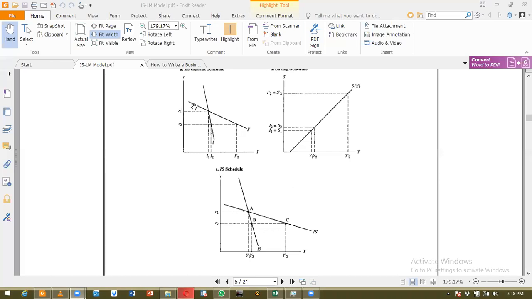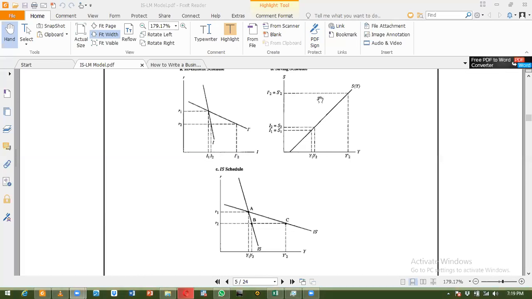Now let's look at the one where investment is very sensitive to changes in interest rates. So with this one, with a fall in interest rate from R1 to R2, investment increases from I1 to I2 prime. So I'm sure you can see the vast change in investment.